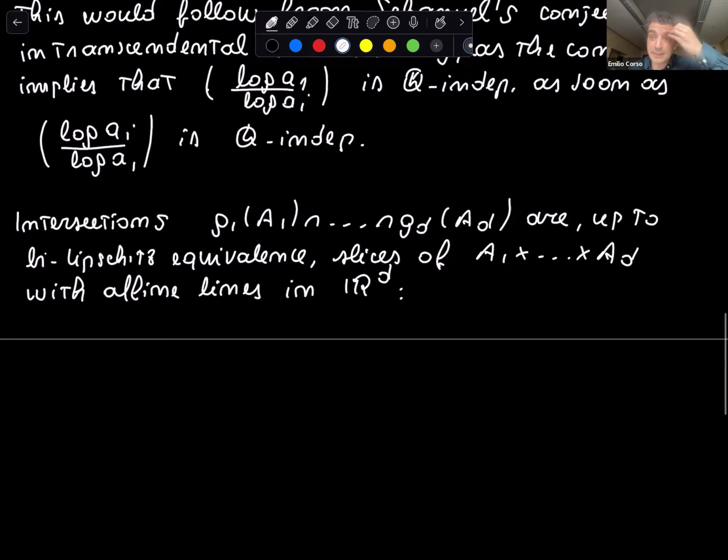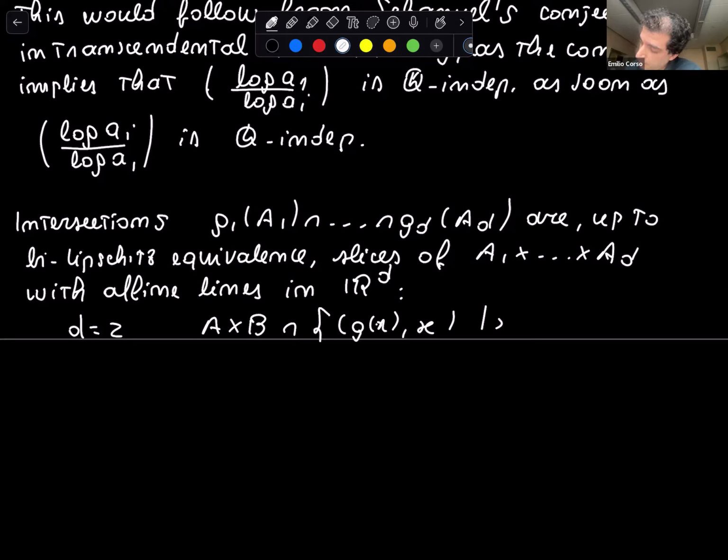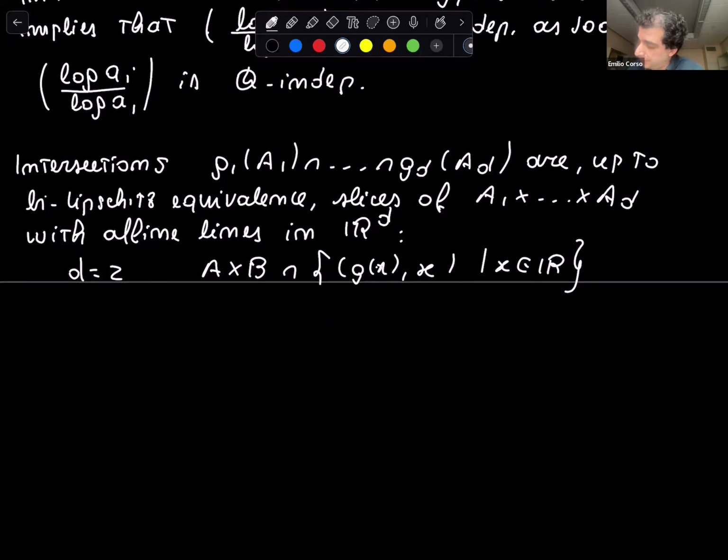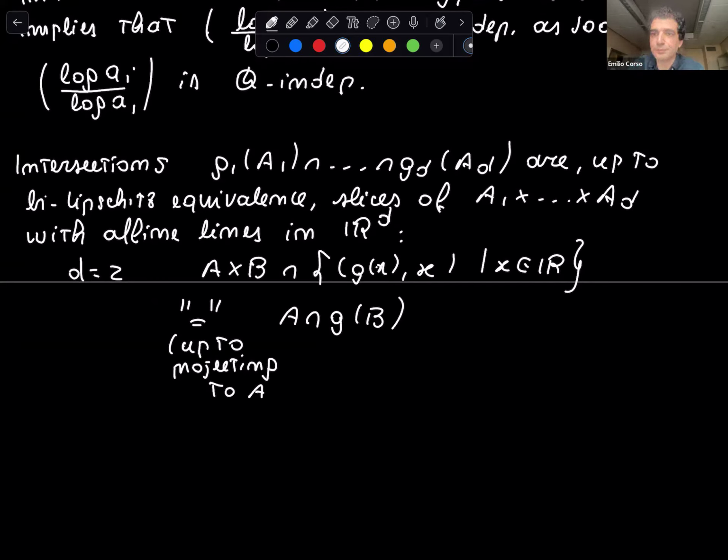Let me just give a concrete example in the case D is equal to 2. If you intersect A times B with a set of pairs of the form X, GX, X in R, which is the graph of an affine line, then up to projecting to the X coordinate, up to projecting to A, that's precisely A intersected with G of B. And this generalizes immediately to the case of arbitrarily many maps.